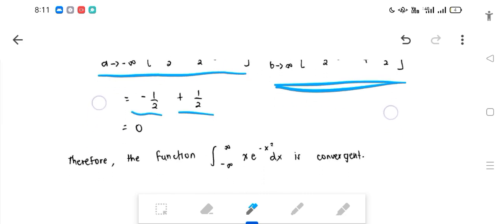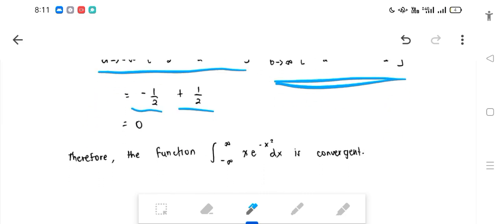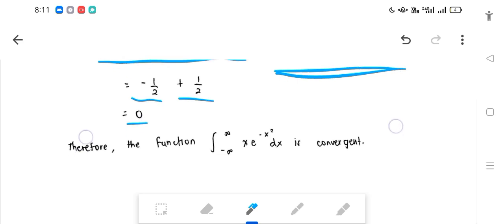So we're going to add, and they have unlike signs, so negative 1/2 plus 1/2 is equal to 0, and 0 is the result after evaluating the improper integral. Therefore, the integral of x multiplied by e raised to negative x squared dx from negative infinity to positive infinity is convergent because it has an exact value of 0.